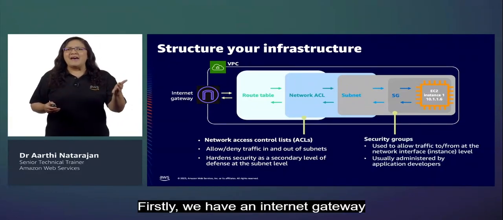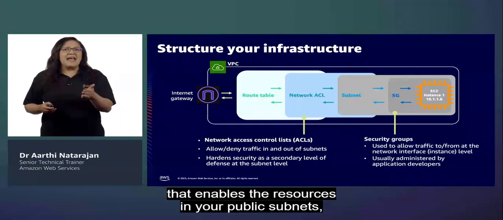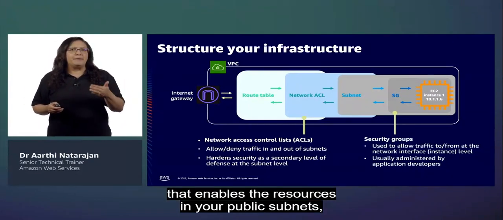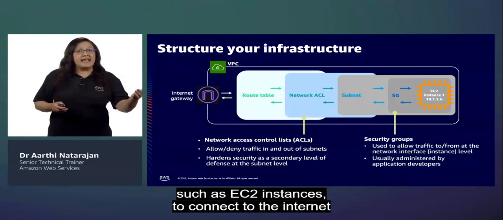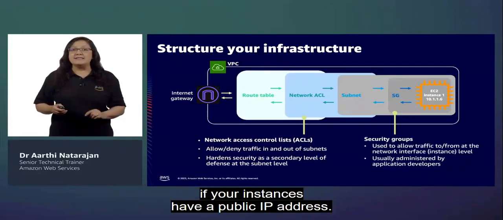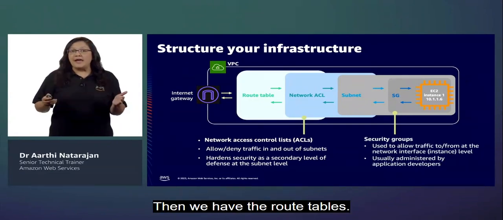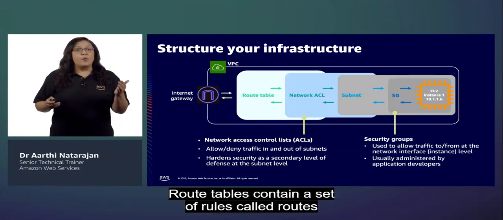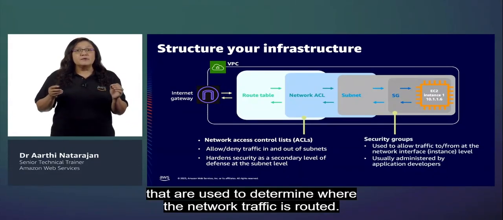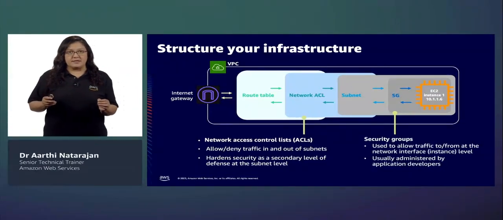Firstly, we have an internet gateway that enables the resources in your public subnets, such as EC2 instances, to connect to the internet if your instances have a public IP address. Then we have the route tables. Route tables contain a set of rules called routes that are used to determine where the network traffic is routed.